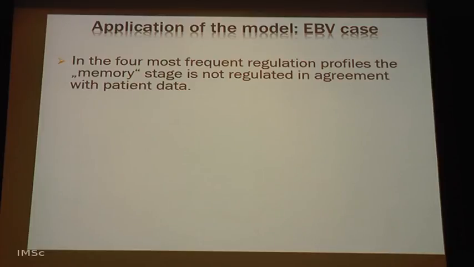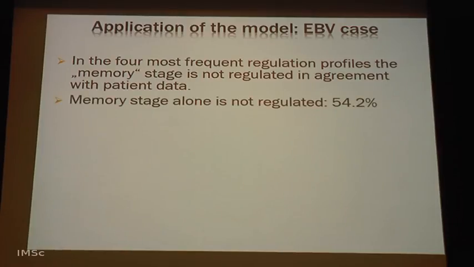So as I told you, in the four most frequent regulation profiles, the memory stage is not regulated. Then we see that memory stage alone is not regulated. That is 54% of the times when we randomly sample the cube. And so in about half of the cases we just see that memory is not regulated.